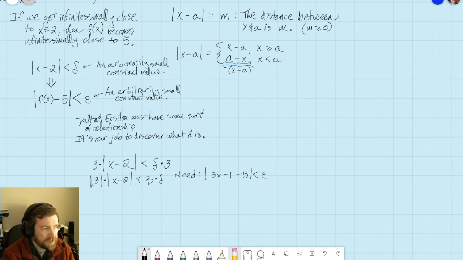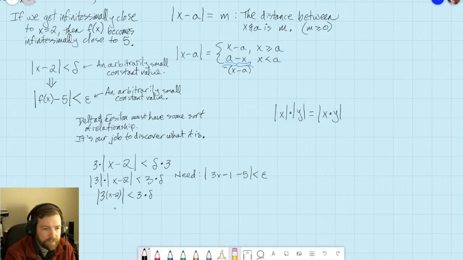And now when you have two absolute values that are multiplied together, this is a rule from absolute value: the absolute value of x times the absolute value of y is equal to the absolute value of their product, xy. So here, this is going to be multiplied in. The absolute value of 3 times the quantity x minus 2 is less than 3 delta. Multiply this through: the absolute value of 3x minus 6 is less than 3 delta.